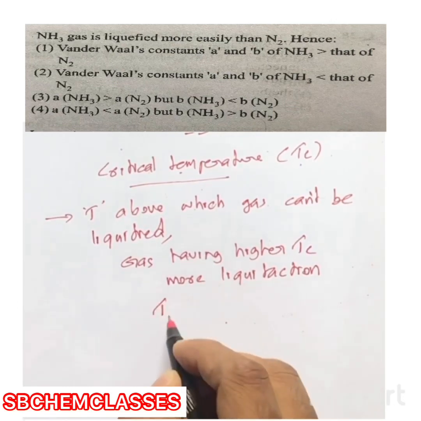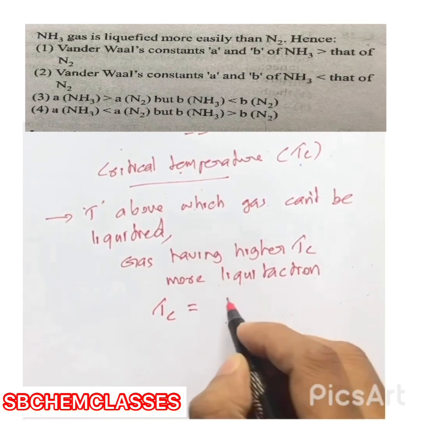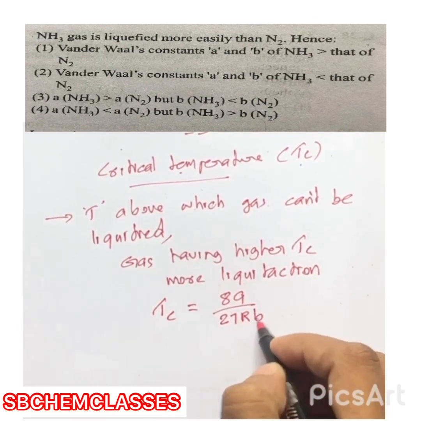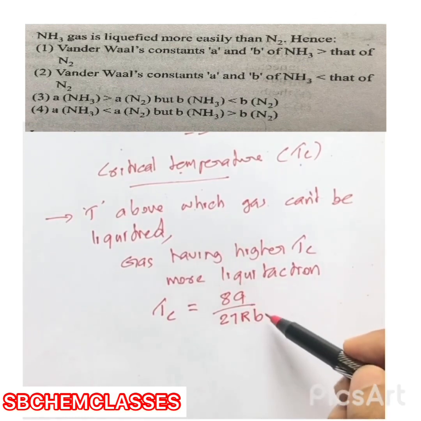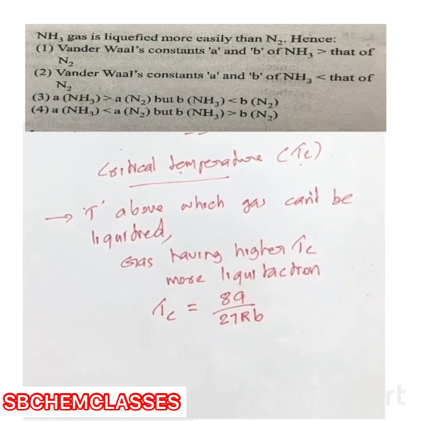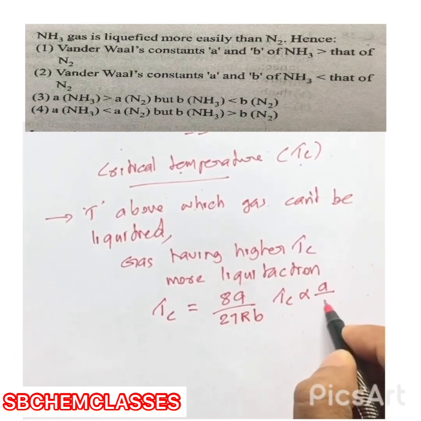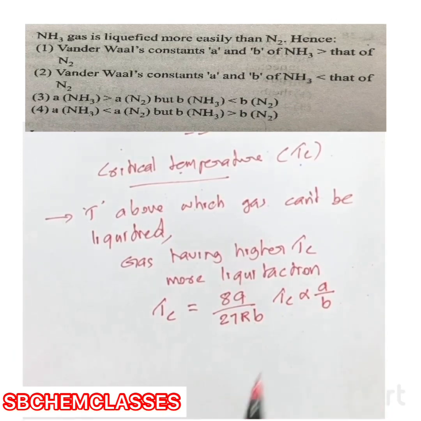Another factor, critical temperature of a gas is equal to 8a/27Rb. Here a and b are van der Waals constants. So critical temperature is directly proportional to a/b. To get higher Tc, a should be high and b should be low.